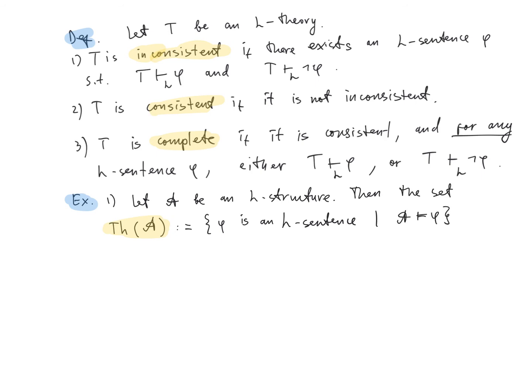So all L sentences that are true in A. So this is, of course, a theory. It's a collection of sentences. And we refer to it as the theory of the structure A. Sometimes we call it the complete theory of A, because indeed it is complete.